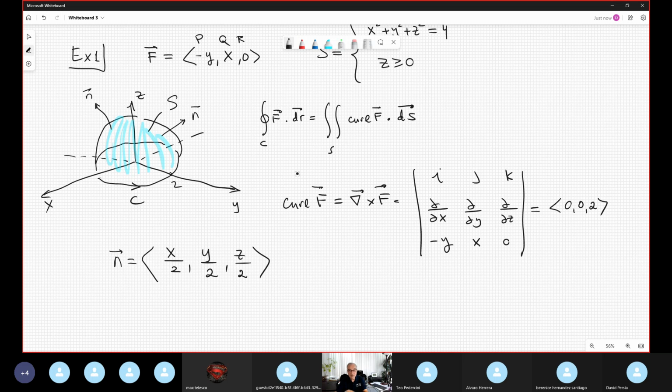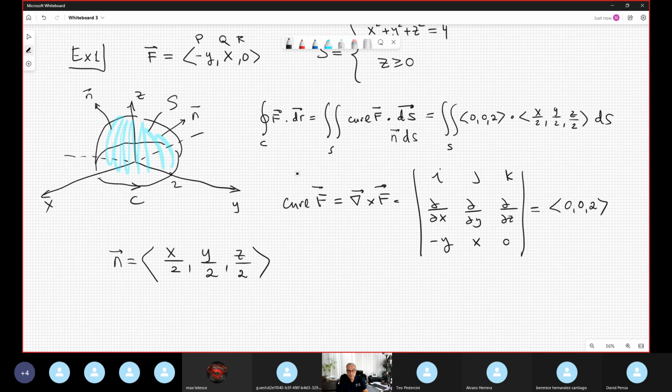This is the formula for the normal vector in the sphere. Because I know that in the surface integral we have the dot product of the curl with the normal vector, because remember, this dS is the normal vector dS. So the normal vector is x over 2, comma y over 2, comma z over 2.